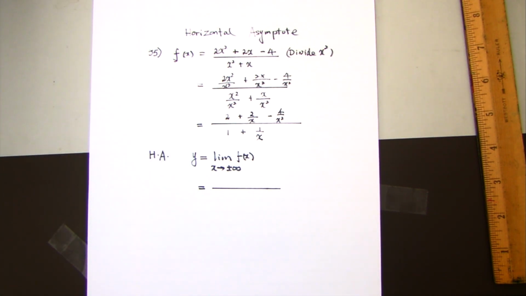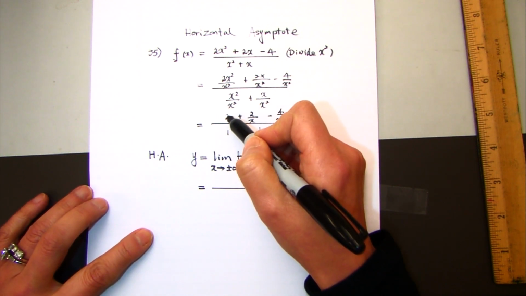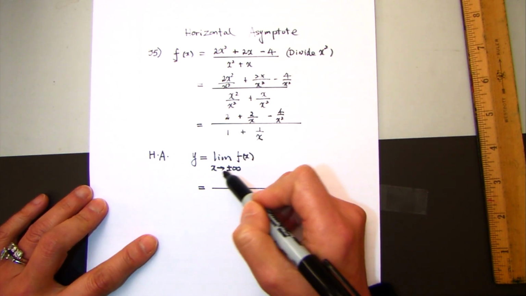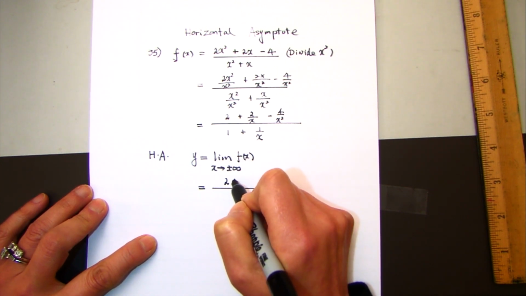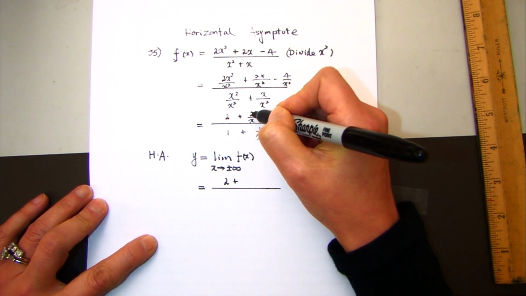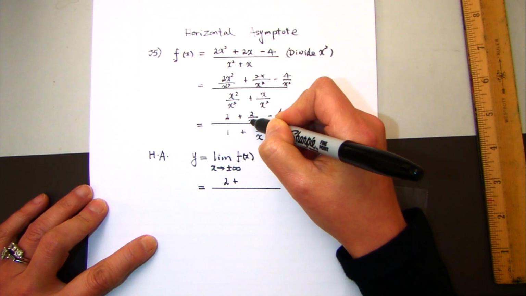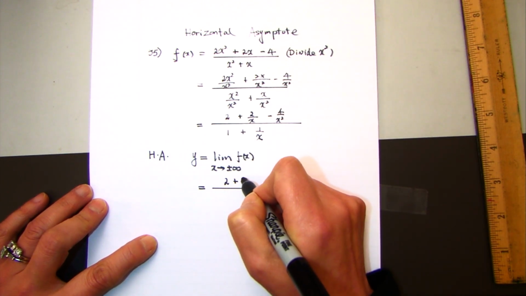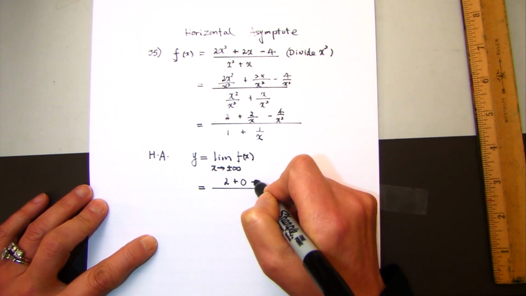So lock on to that part. First you look at 2. 2 is not going to be bothered with wherever your x is, so 2 is just 2, plus. Now 2, a constant, divided by x. x is a huge number. 2 divided by a huge number is really close to 0.